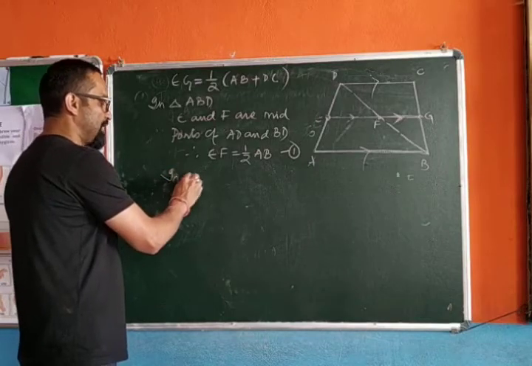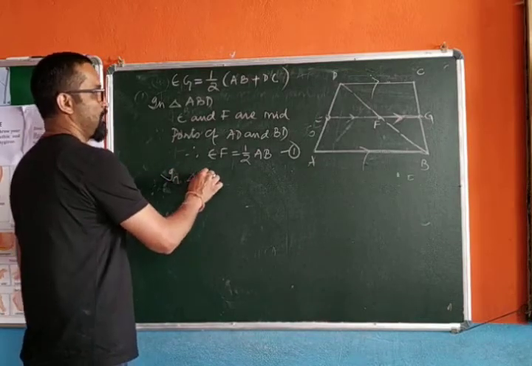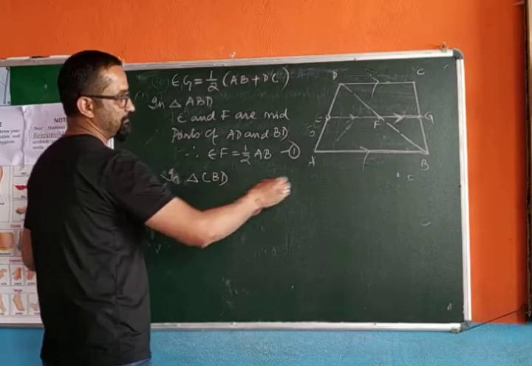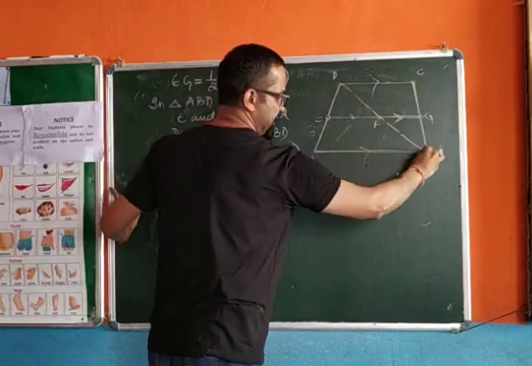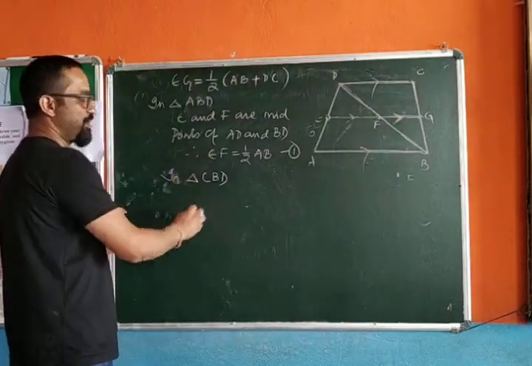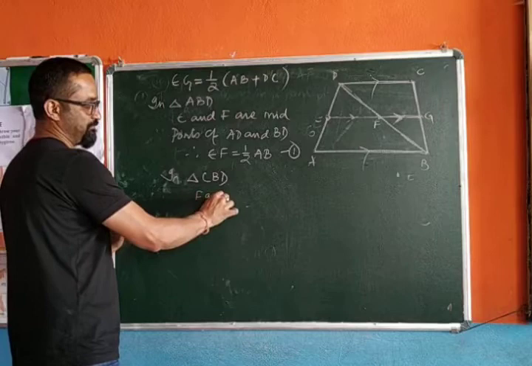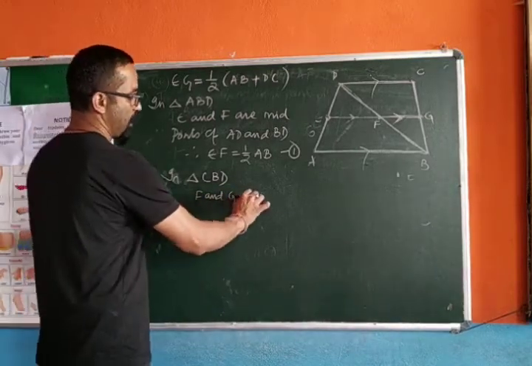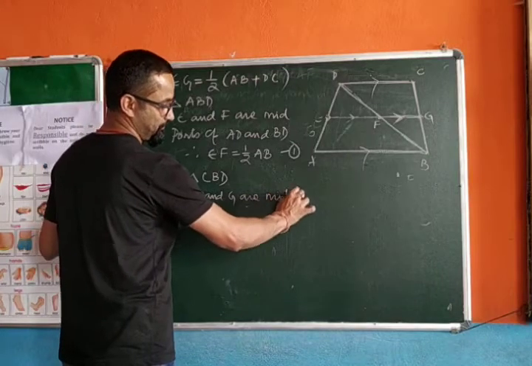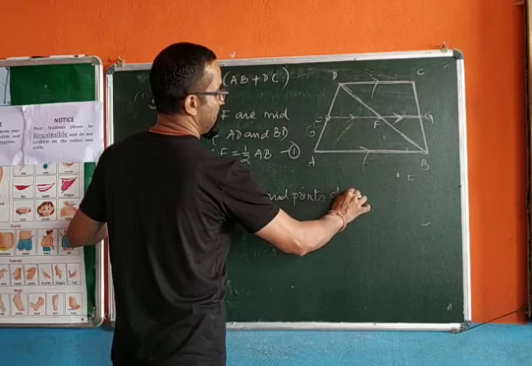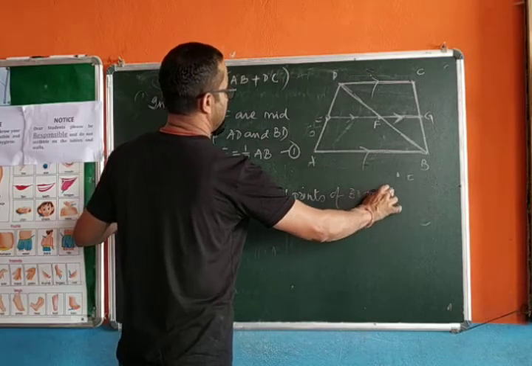Consider this now in triangle CBD. Again we write F and G. We have already proved G is midpoint. F and G are midpoints of BD and BC.